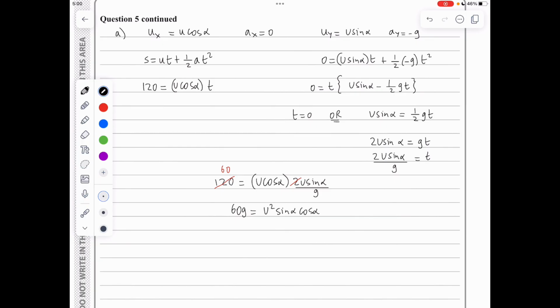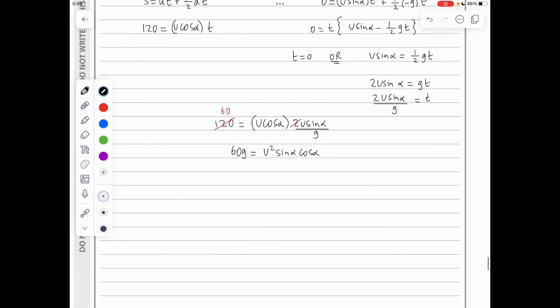Well, 60g simply means 60 times 9.8 is equal to u squared sine alpha cos alpha, and 60 times 9.8 is 588, which is equal to u squared sine alpha cos alpha as required.